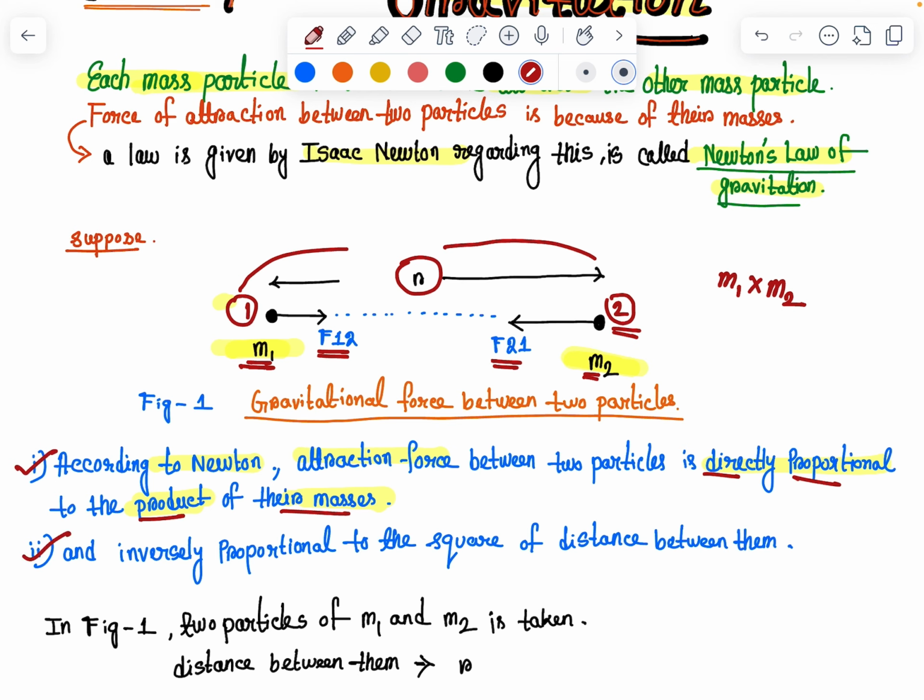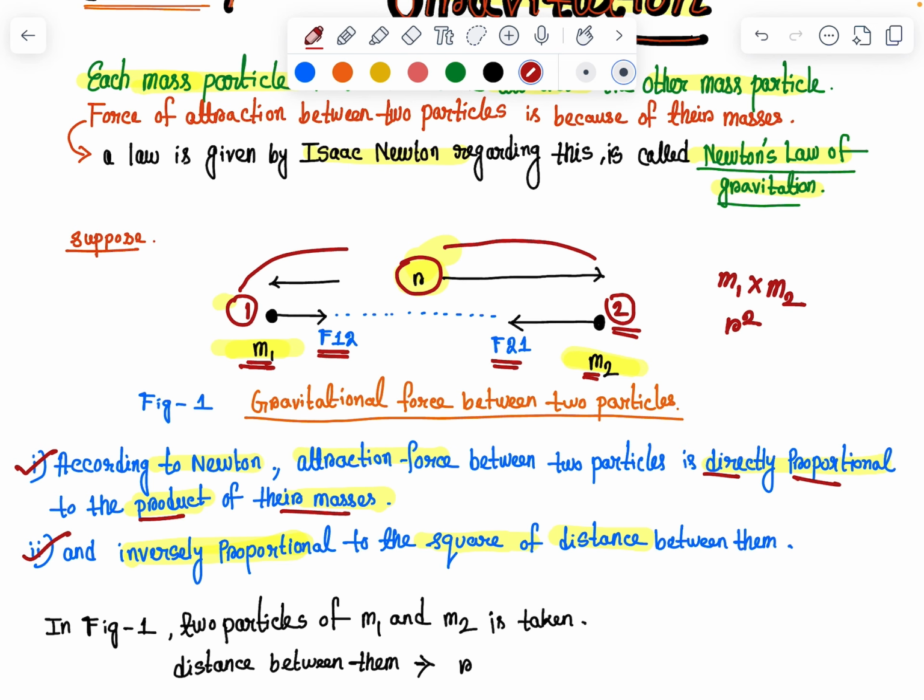The second is that it will be inversely proportional to the square of the distance between them. Here the distance is r, so the force will be inversely proportional to r square.